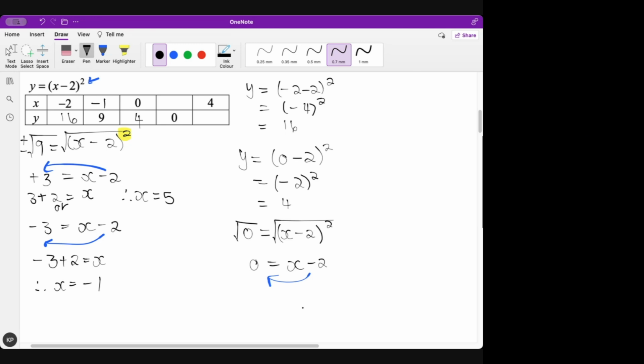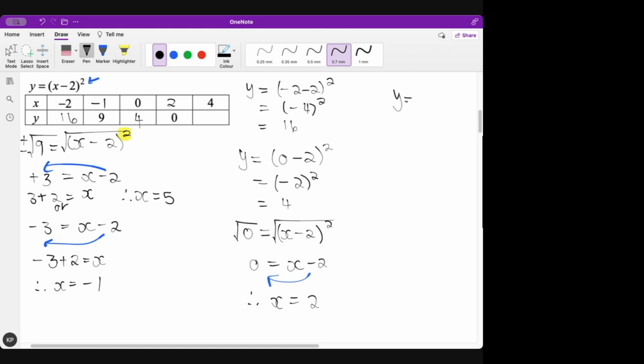It's just 0. So we don't have to put a plus minus over here. But then my solution is, therefore, x is equal to what? Positive 2.